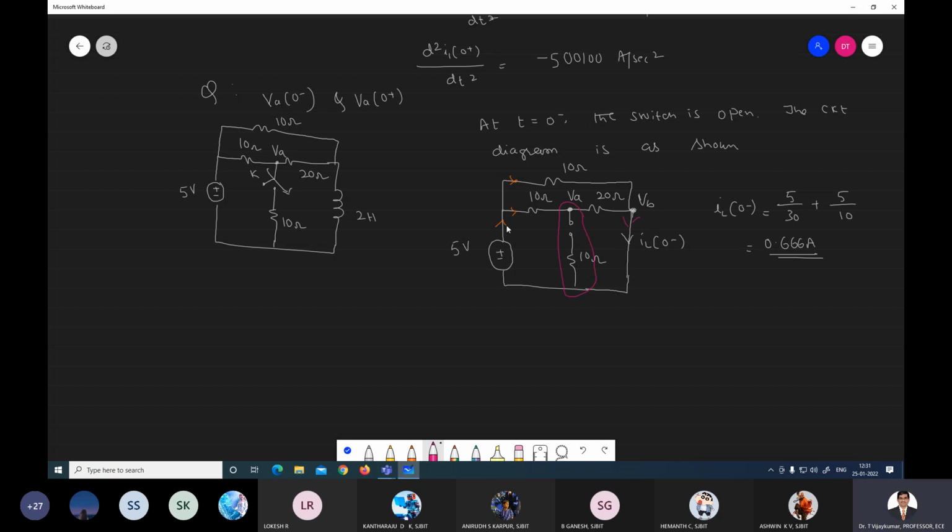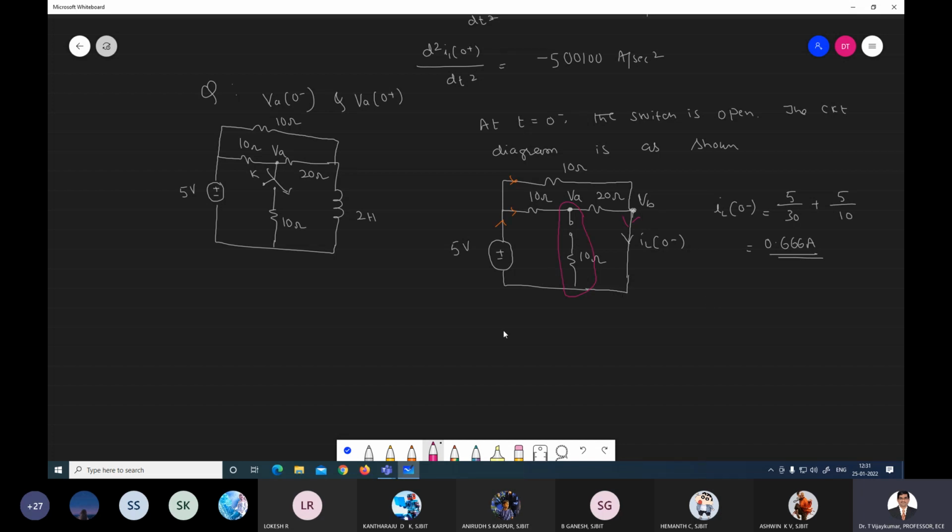See here, the 10 ohm and 20 ohm are connected to the 5 volt voltage source. You can write it separately, as you did earlier in source transformation. The 10 ohm and 20 ohm are connected in series with the 5 volt source. Therefore, for the voltage across the 20 ohm, you can apply the voltage division formula.